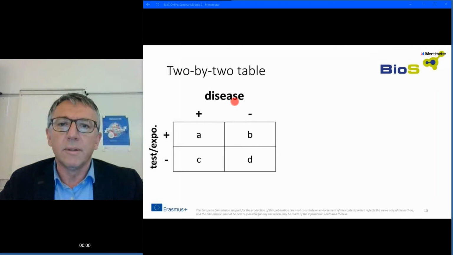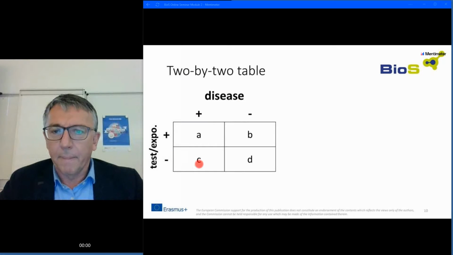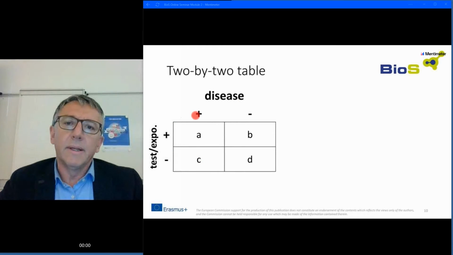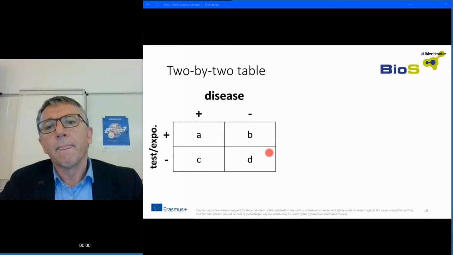A 2-by-2 table has a row and a column, and typically in the column it is depicted whether an individual has a disease or does not have the disease.